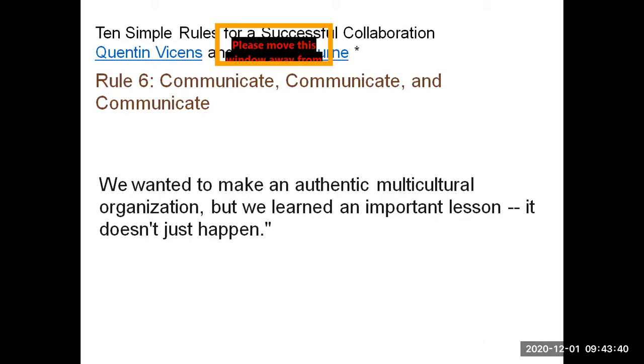So we have to identify what the facilitators of communication are, like Zoom is a facilitator of communication, and then what the barriers of communication are. We have to somehow tackle the barriers and enhance the facilitators.